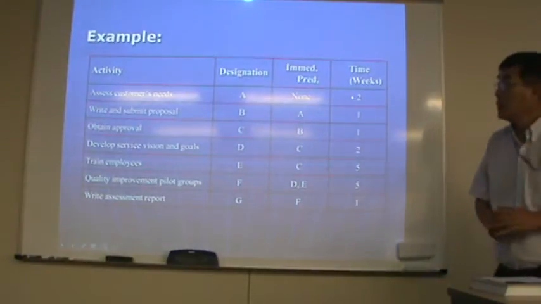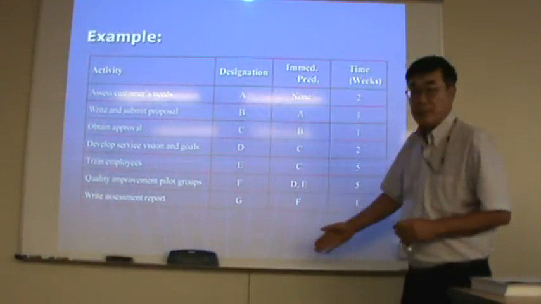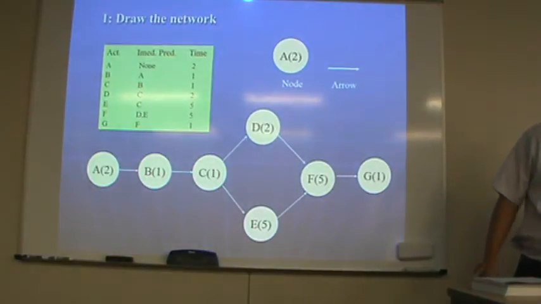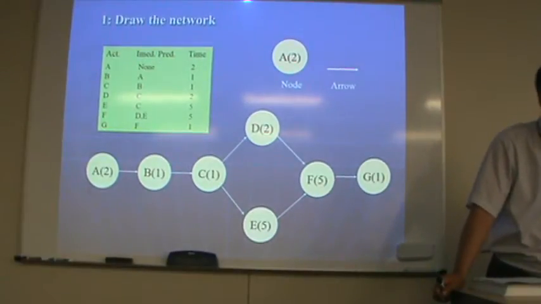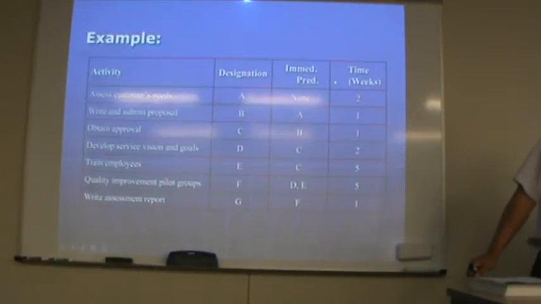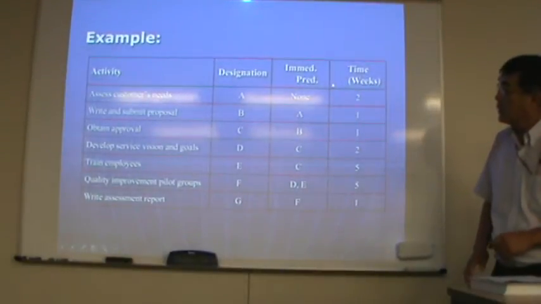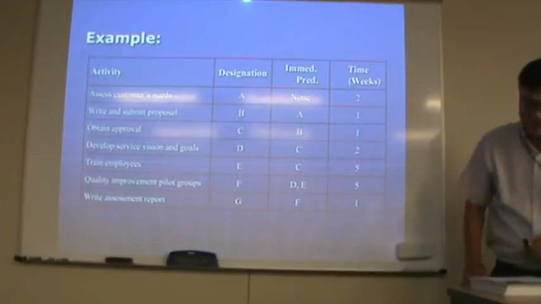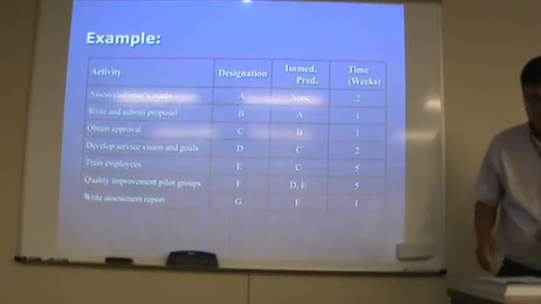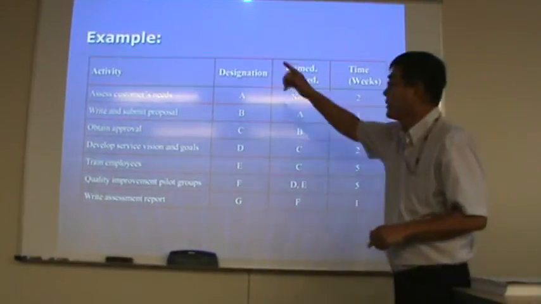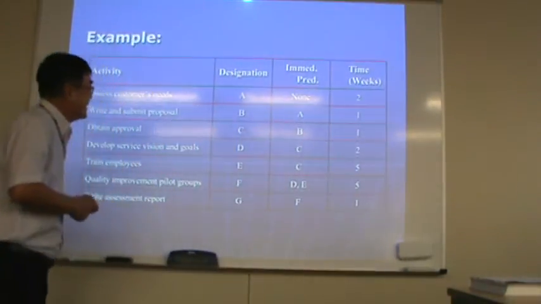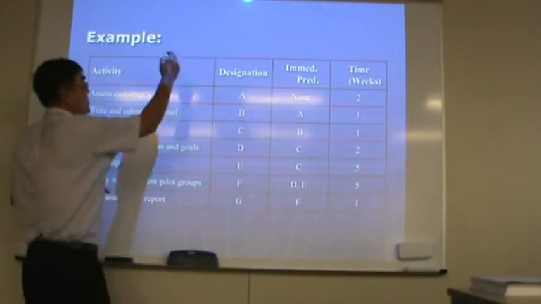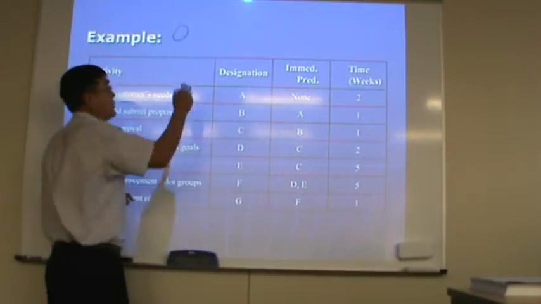Using the designation, immediate predecessor, and time information, we can draw a network diagram like this. I need more space. Okay, I will do it up there. Activity A doesn't have an immediate predecessor, so activity A is the starting point, right?